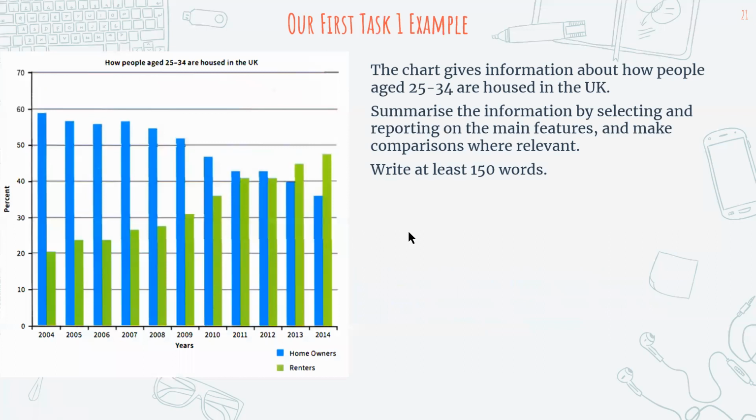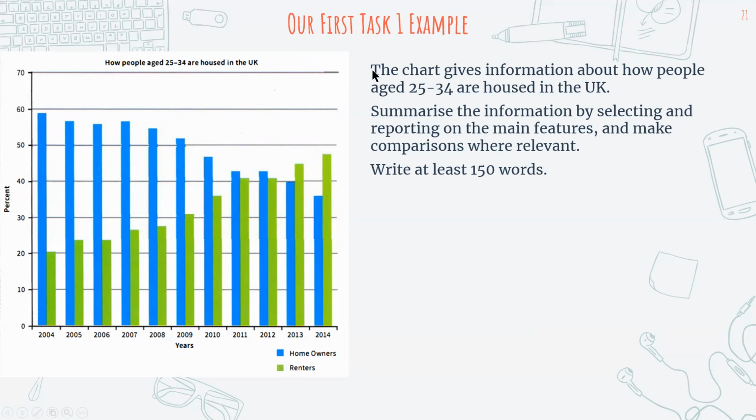Okay, let's look at the next one. This is our first task, one example. This is a bar chart, and this is your question. As you can see, we have two keys, and keys are very important because sometimes you will know how many paragraphs you are going to write using these keys.